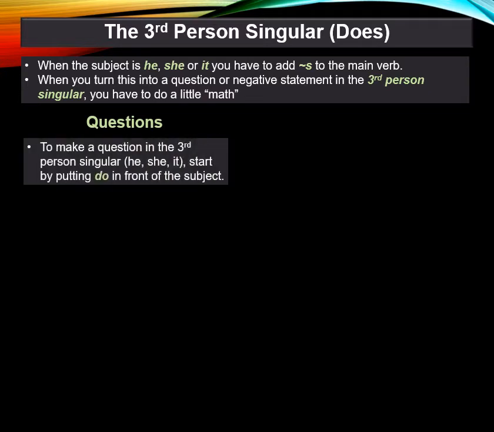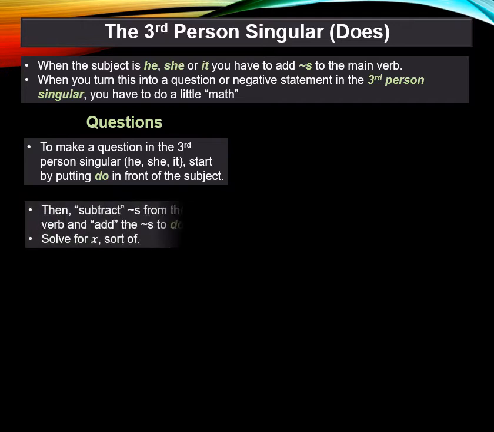To make a question in the third person singular he, she, or it, start by putting do in front of the subject. Then subtract the s, the third person singular s, from the main verb and add the s to do. This is how you solve for x, sort of.